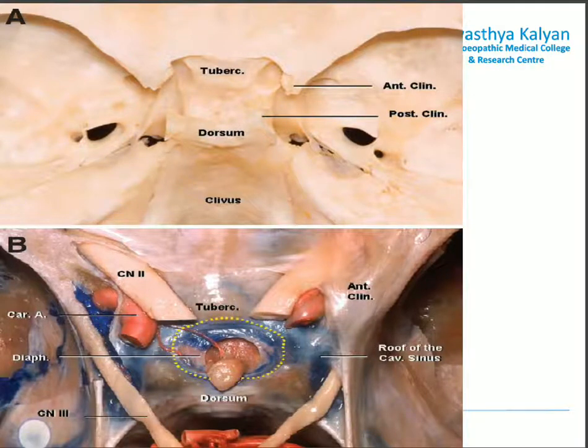In between, you can see the central aperture through which the stalk of the hypophysis cerebri passes and reaches the third ventricle of the brain. This is the stalk passing through the central aperture. This is the diaphragma sellae. The membrane that you can see here in this figure is the diaphragma sellae, and it becomes continuous with the dura mater of the middle cranial fossa.